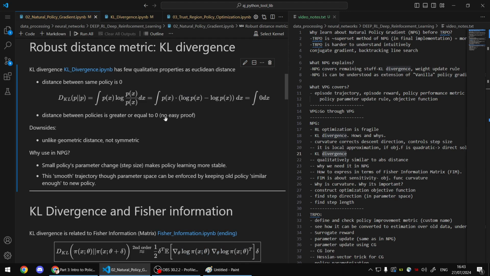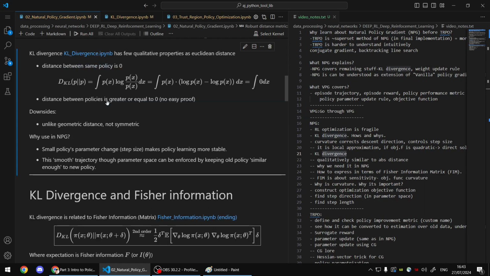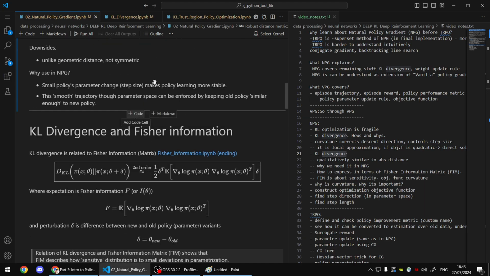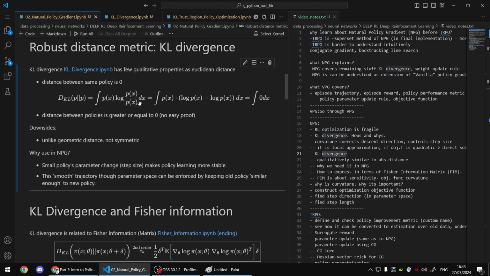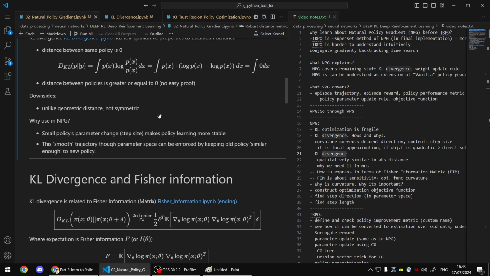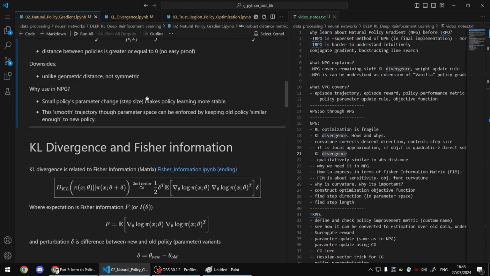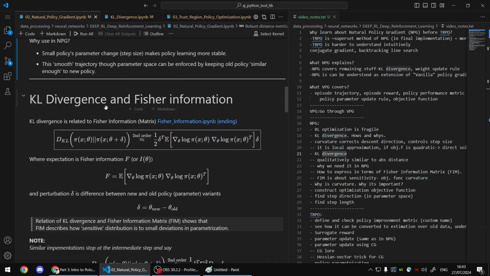It's not symmetric, unfortunately, but usually it's enough. And we want to use this measure again to determine the update step size, the learning rate.